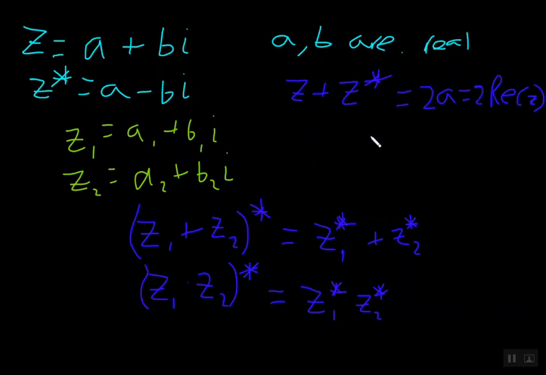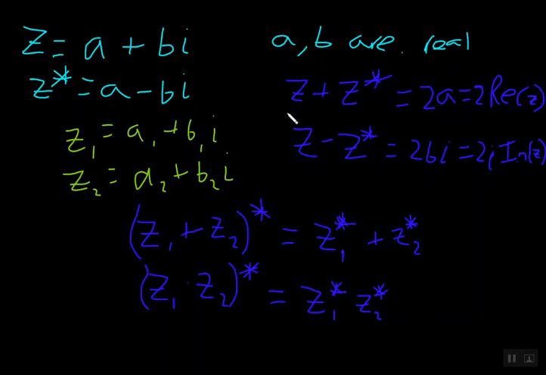Finally, z minus z star is 2bi, which is 2i times the imaginary part of z. And again, you can prove these purely by plugging these in for everything.